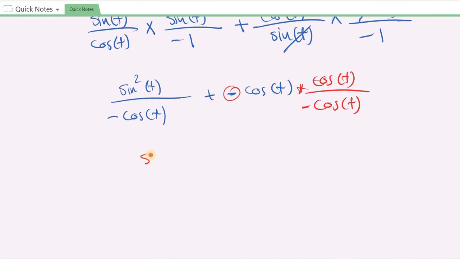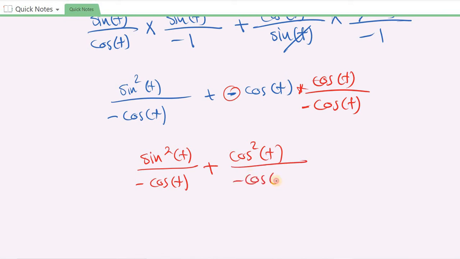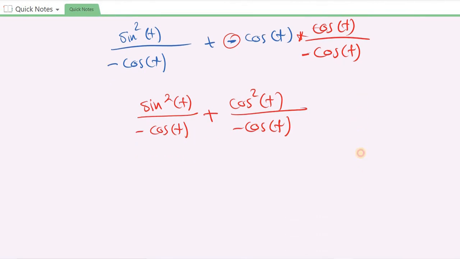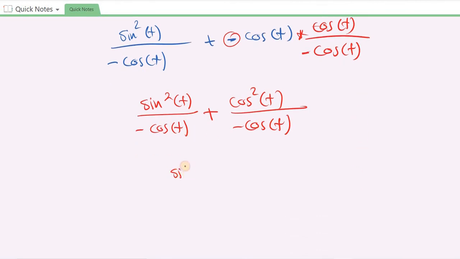So I will end up with sine square t divided by negative cosine t plus cosine square t divided by negative cosine t. And I have a common denominator, so I can add them and put them on the same denominator. Sine square t plus cosine square t is divided by negative cosine t.